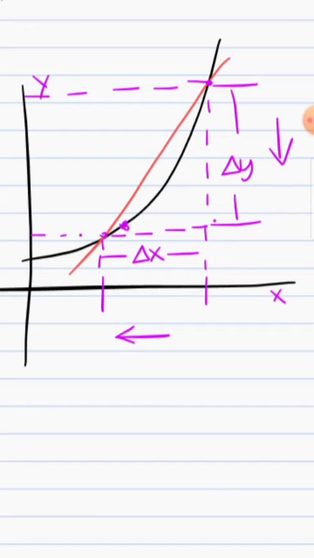When that happens, you can see that it's becoming very near, or close, to a tangent line. That's the idea of a limit.